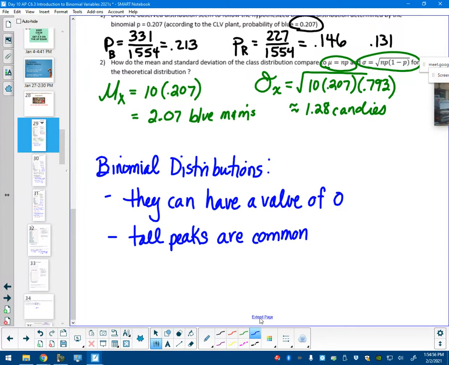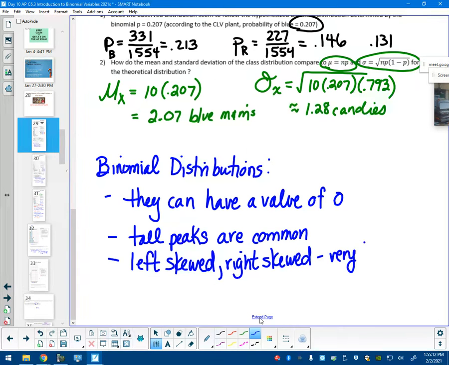All right. The other thing you should know about binomial distributions is they can be left skewed, right skewed, or very bell-shaped.